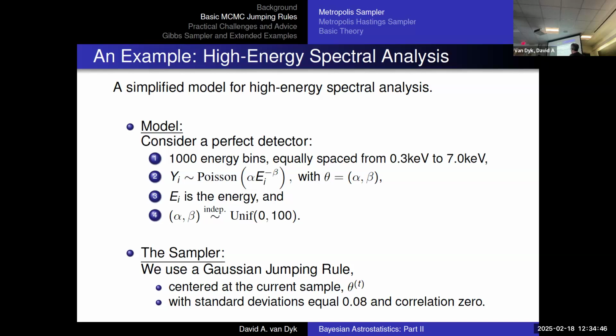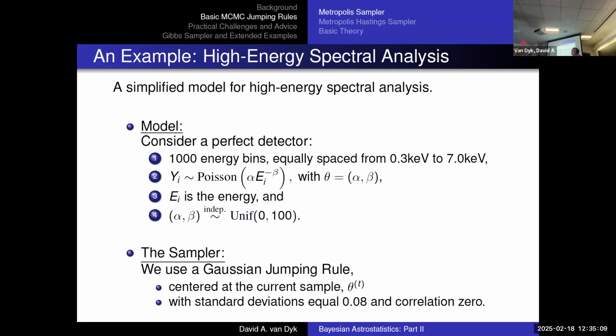And I'm going to use a Metropolis rule with a Gaussian jumping rule. Just like on the previous slide, my normal distribution is centered on the current value, and I have a standard deviation. I don't know why, but I have 0.08. That's my standard deviation, and the correlation is 0. In all my pictures, I had 1 dimension.